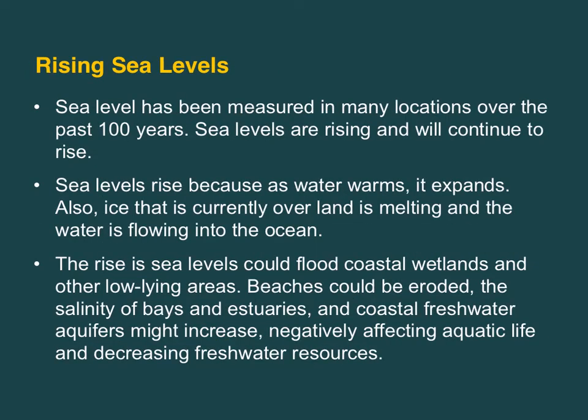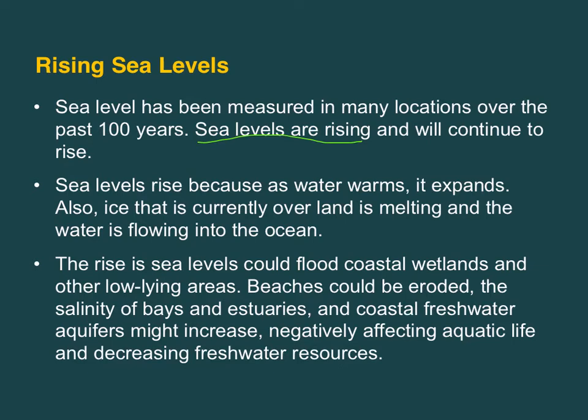So let's talk about rising sea levels. We've been measuring sea level over the past 100 years or so, and what we've noticed is that sea levels are rising. One of the reasons is that we're taking water out of glaciers and putting it back into the rest of the water cycle, which means it will end up in the oceans.